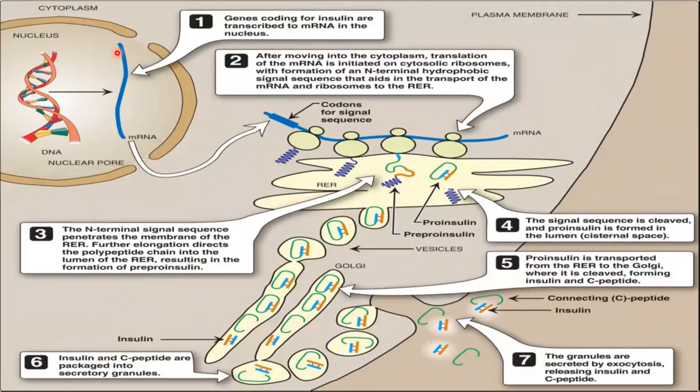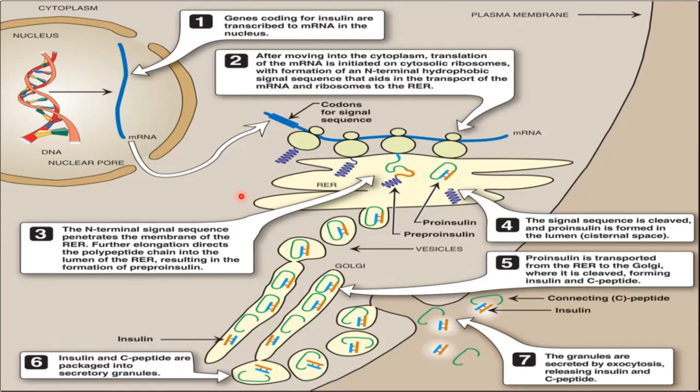Now here is the synthesis. First, the genes encoding for insulin are transcribed to a messenger RNA in the nucleus. Then the messenger RNA will move into the cytoplasm for translation, which is initiated by the cytoplasmic ribosomes. Then, as we start translating, there will be formation of an N-terminal hydrophobic signal sequence, and that sequence will direct the messenger RNA together with the ribosomes to move to the rough endoplasmic reticulum.